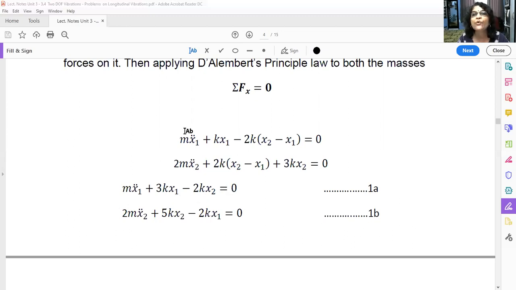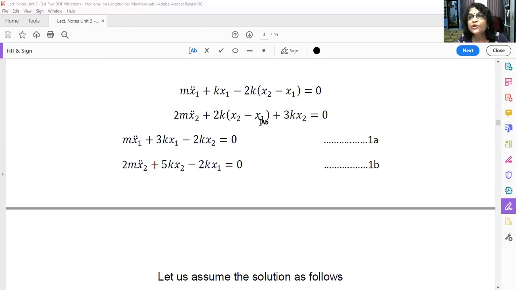Now, in the second equation, what is the coefficient of x1? Only 2k, and it is minus. Then what are the coefficients of x2? 2k and 3k, that becomes 5k. So the second equation is 2m x2 double dot plus 5k x2 minus 2k x1 is equal to 0.